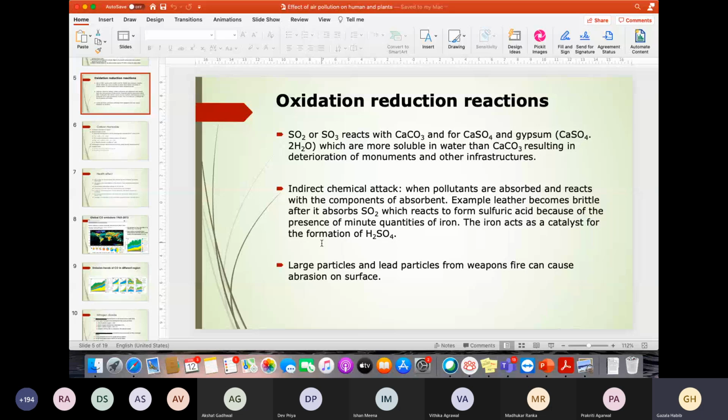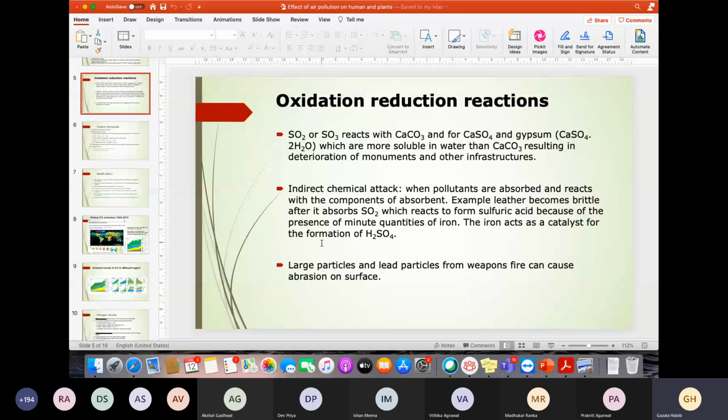It's due to the aqueous phase reaction of sulfur dioxide with H2O and formation of H2SO4, and then in the presence of ammonia, formation of ammonium sulfate took place, and that ammonium sulfate as a particle remained in the atmosphere for a long time. It again absorbs water.